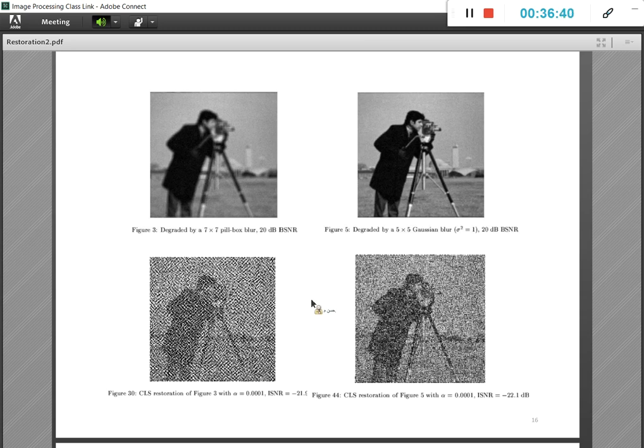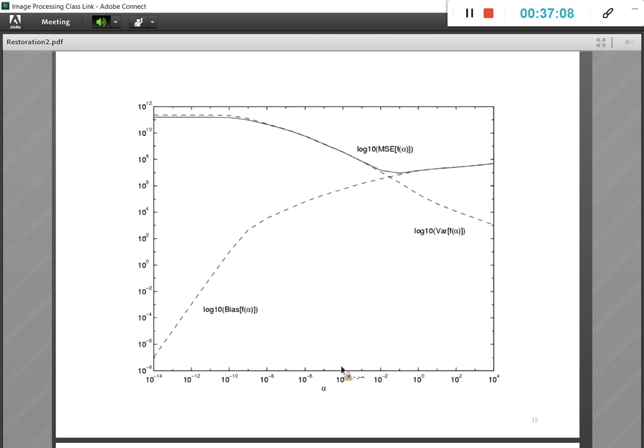For example, in this example, again the cameraman blurred by this formula, pillbox, with, for example, PSNR 20 dB, and choosing alpha 1/10,000. Okay, a small alpha. This alpha, and again this alpha for these two sides, 1/10,000.